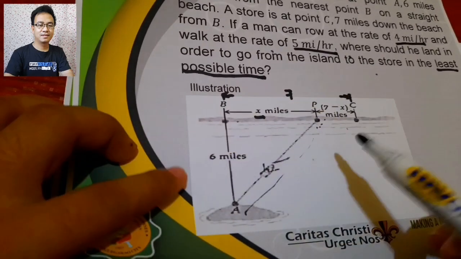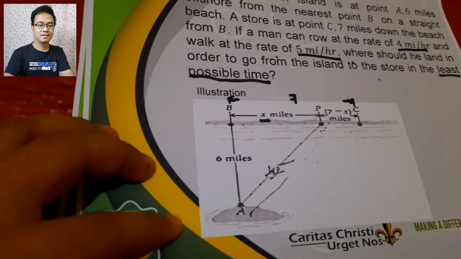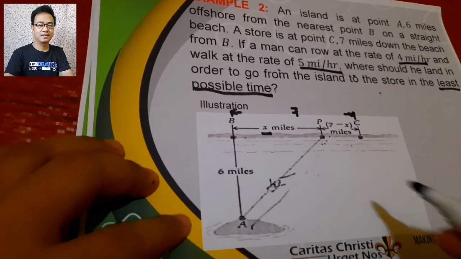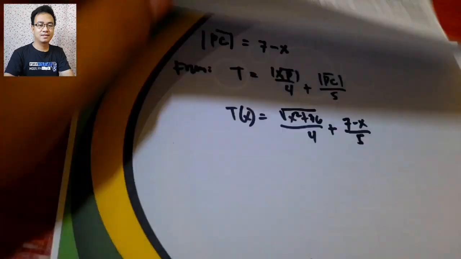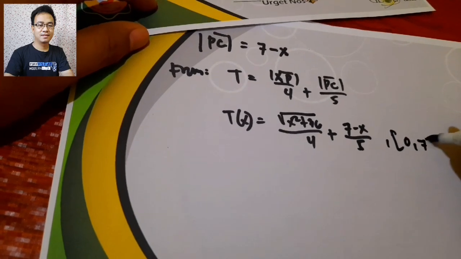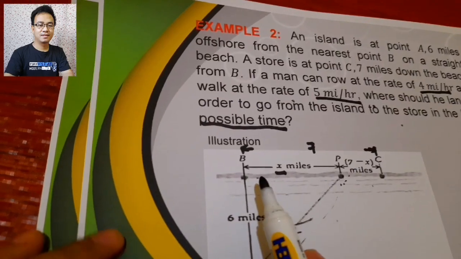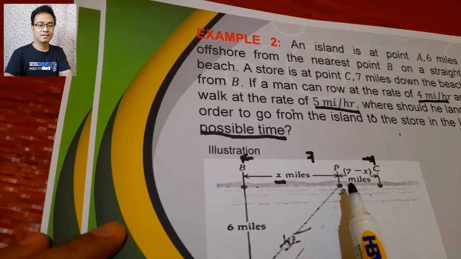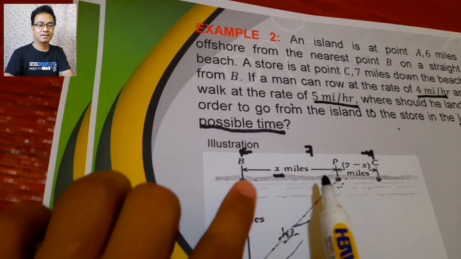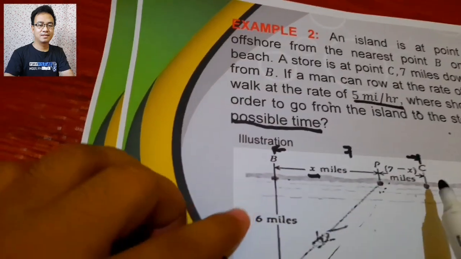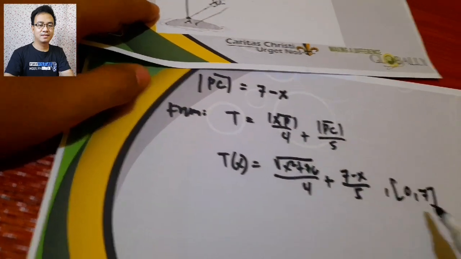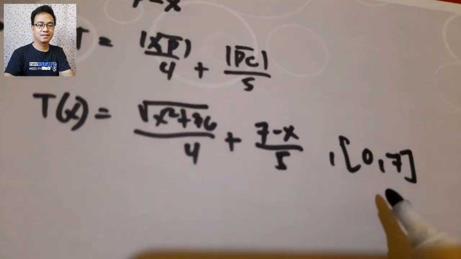So therefore, having that idea, we now conclude that we are actually working on a closed interval 0 and 7. 7 is the distance between B to C, and P is anywhere between B and C, so x can be 0. So therefore, 0 and 7 is our closed interval.